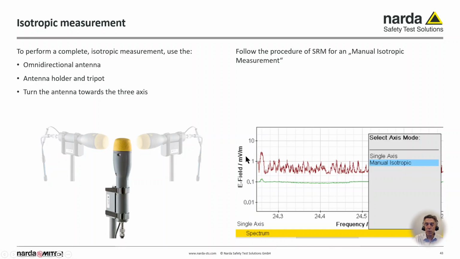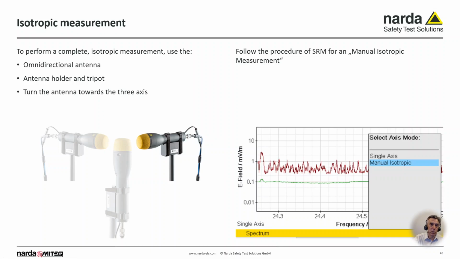You know the sequence inside of the SRM 3006, which is guiding you through three manual isotropic measurements, and this will automatically add the three manual measurements together, and that you have an isotropic result on your SRM again.